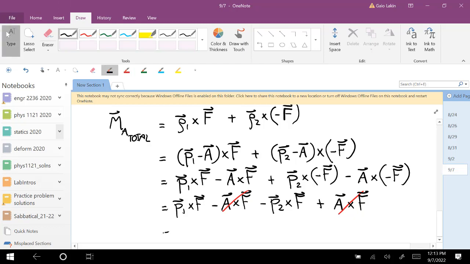And now you can simplify it, and you get something that looks like this. P1 minus P2 crossed with F. Remembering that isn't so important.